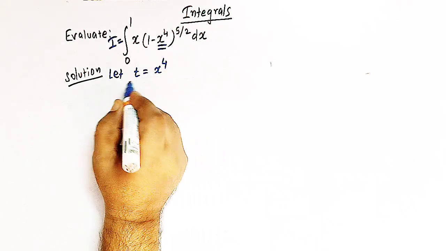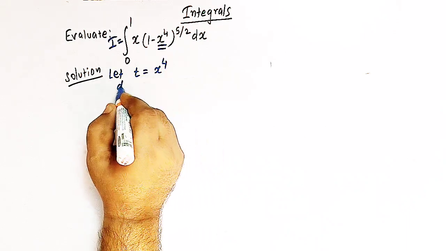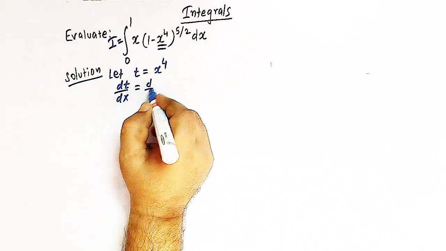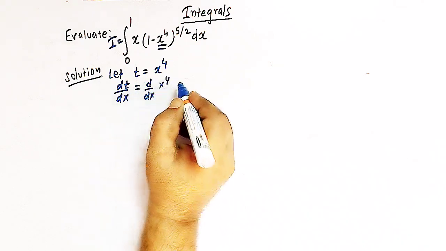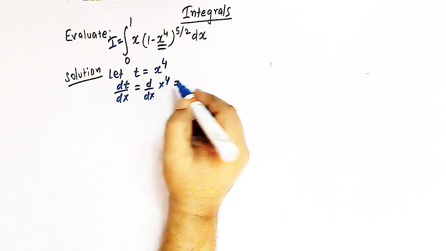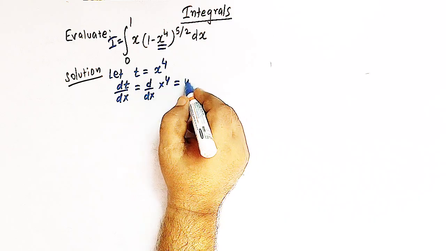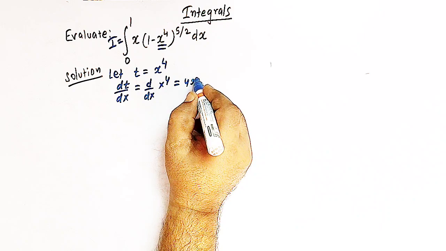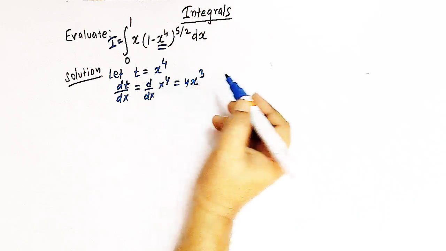Now differentiating t with respect to x, we have dt/dx equal to the derivative of x^4, and using the power rule for differentiation, the derivative of x^4 is 4x^3.